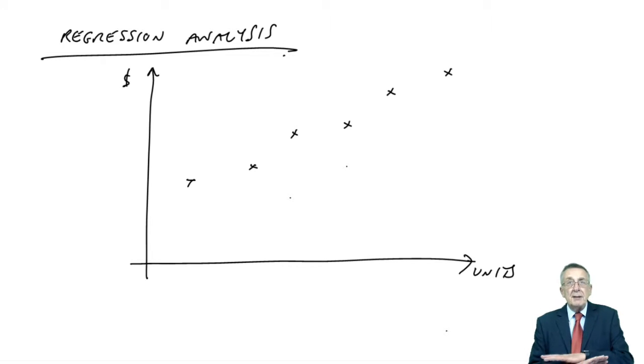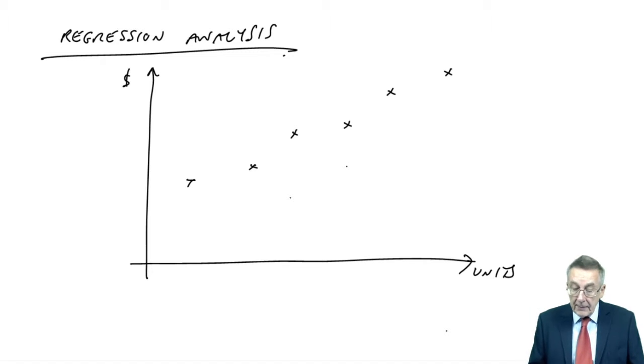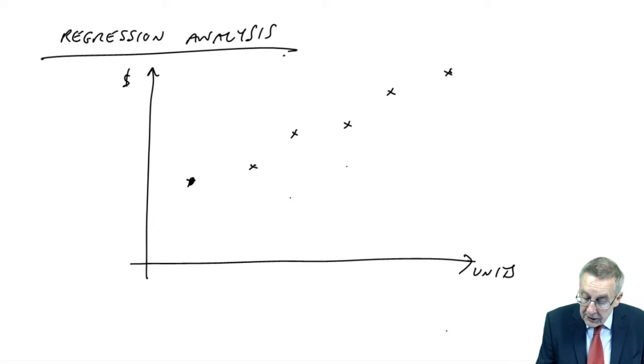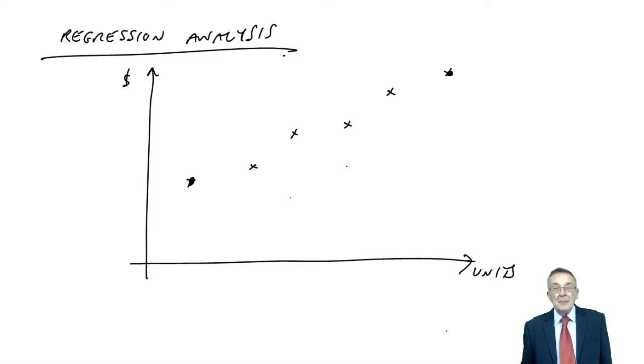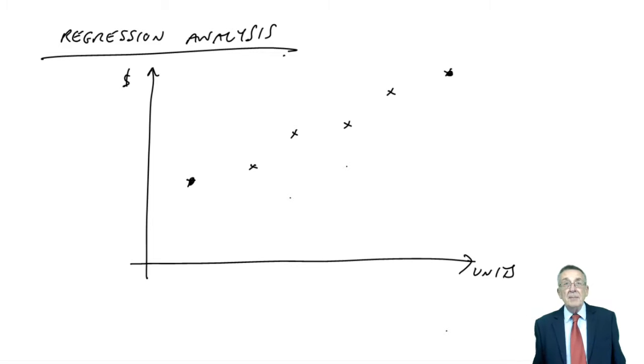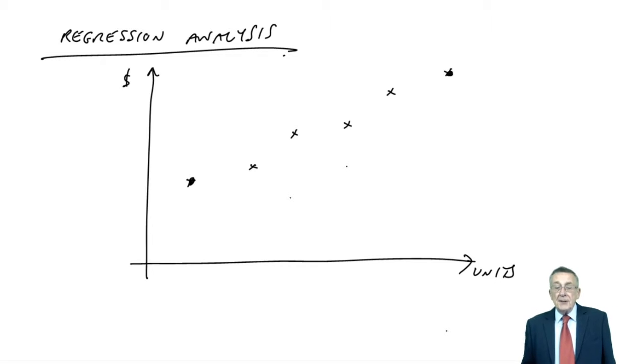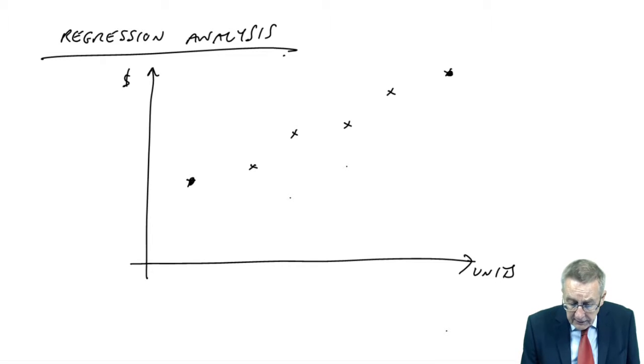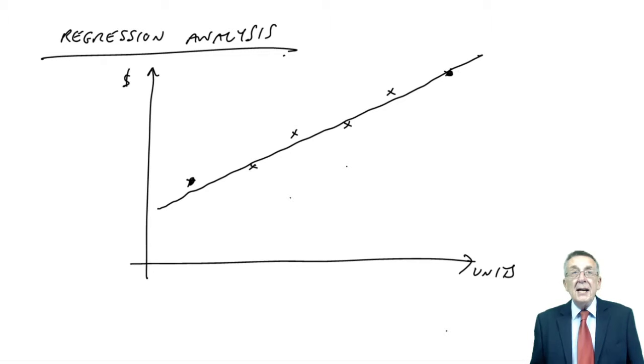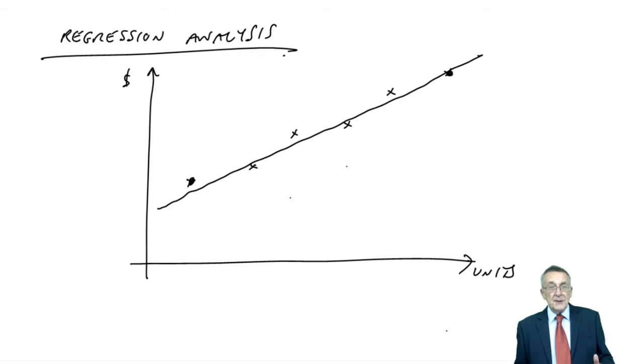And we wanted to find the overall relationship. Now, the problem with high-low, if you remember, is it only looked at the two extremes and ignored what happened in between. What regression analysis does is it effectively tries to find the line that most nearly goes through all the points.